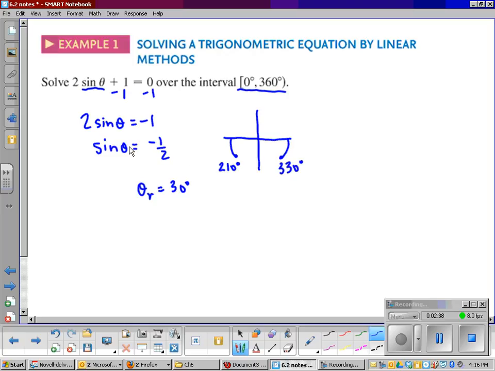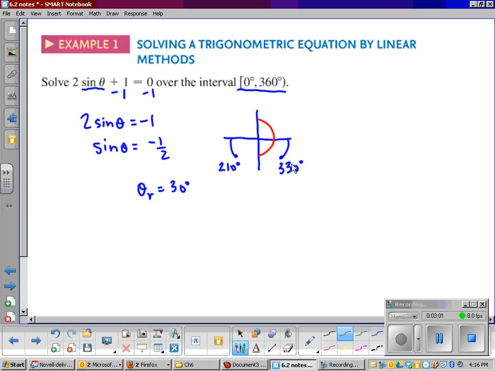Now if I were to type sine inverse negative 1/2 into my calculator, then the calculator would give me an answer that's on this side bubble right here. So it would have told me that the answer was negative 30 degrees. But since our output has to be between 0 and 360, an answer of negative 30 degrees is not going to be correct.